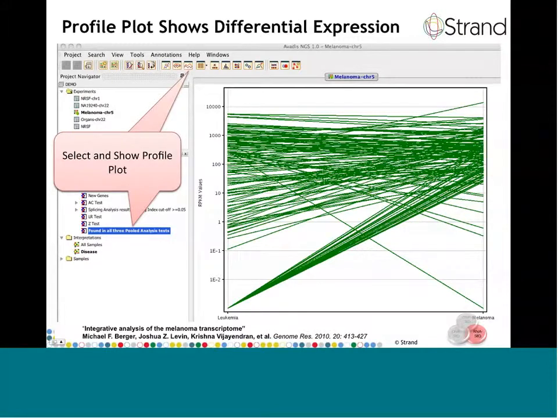For users of GeneSpring GX, this view should be a very familiar display, which is not surprising since Avadis NGS and GeneSpring are both developed on the same platform called Avadis. The profile plot here shows the expression value for each of the detected genes in a typical line plot. You can clearly see a number of genes that are not expressed in leukemia, and they are expressed in the melanoma samples.